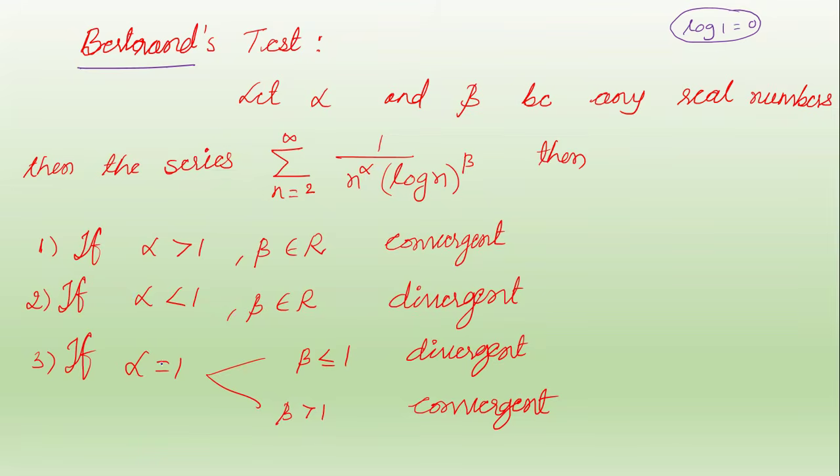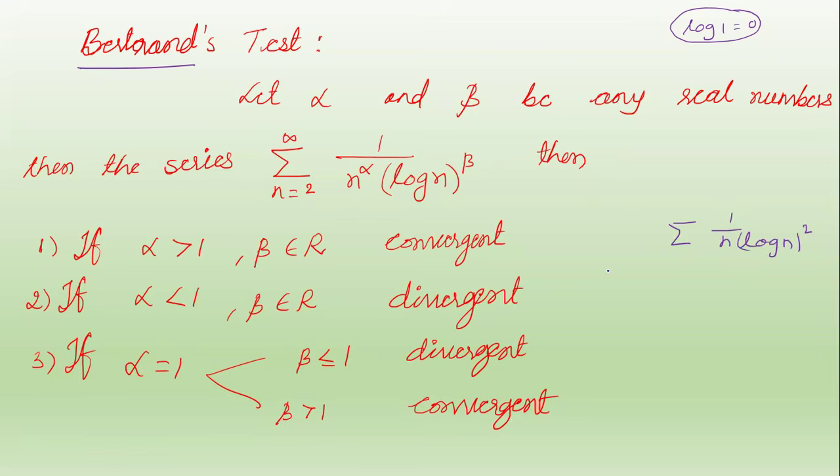If alpha equal to 1 and the form is 1 by n (log n) whole square, in this case the series is convergent.